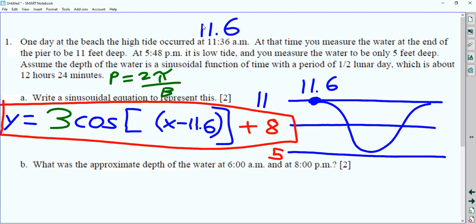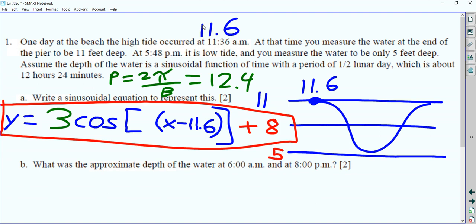We are told in the final sentence that the period is 12 hours and 24 minutes. So we need that decimal. 24 divided by 60 is 0.4, so this is 12.4. The period is 12.4 hours. So we have to solve for b.